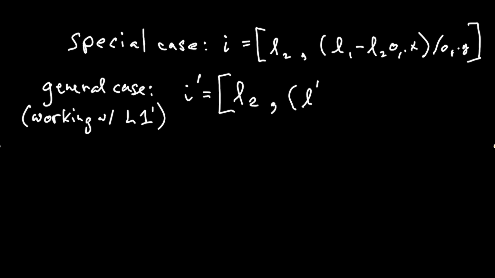So we are going to transform line 1. So L1 becomes an L1 prime. And we have to be careful here with the orientation vector of O1. So it's going to be O1 prime dot x.